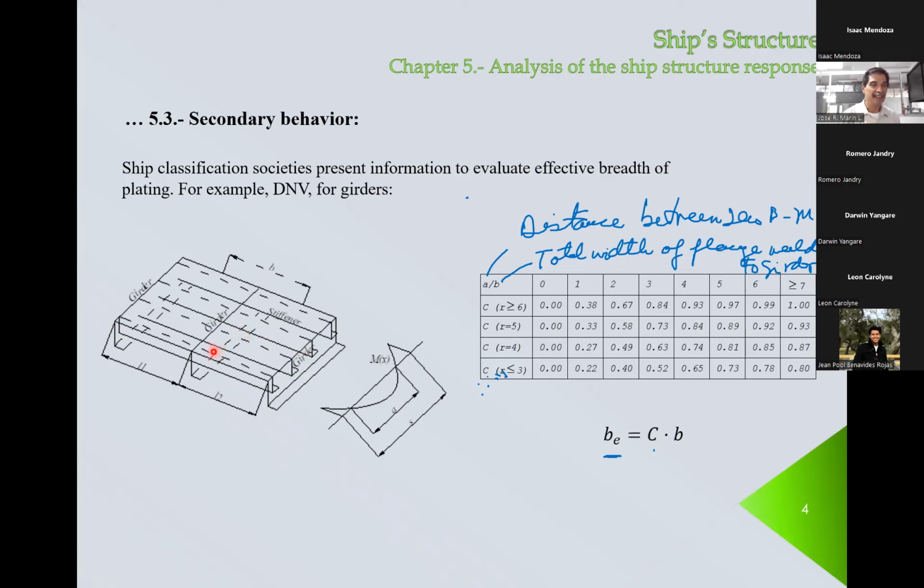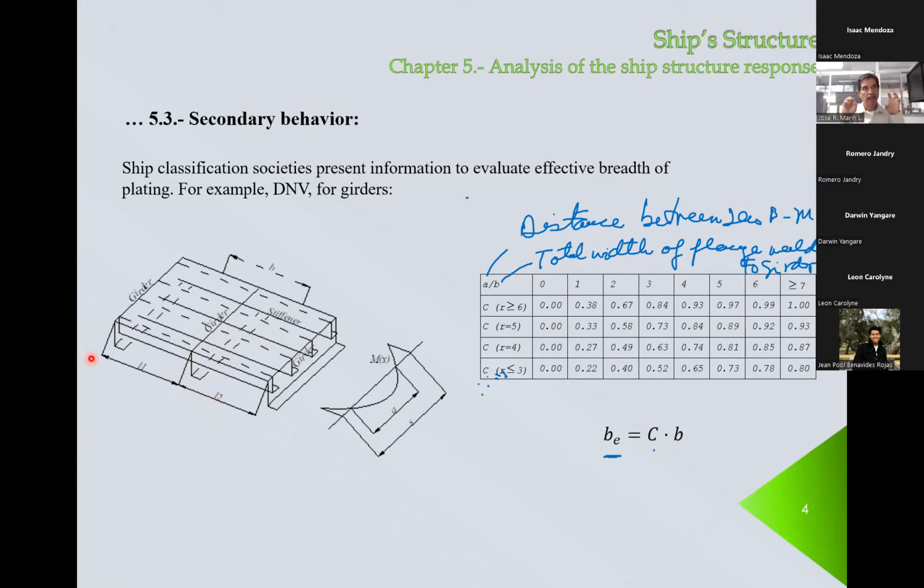If you have a very large number of stiffeners, you can assume uniform loading on the girder. But with a low number of stiffeners, it's very difficult to make that assumption. That's the general message behind this.